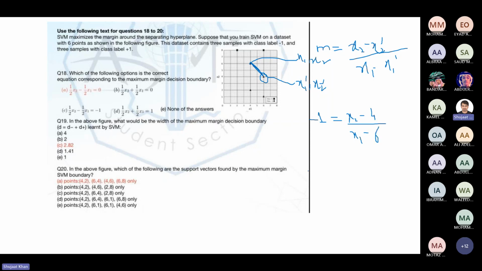The total answer becomes x1 minus 6 multiplied by -1 is equal to x2 minus 4, just by cross multiplication.